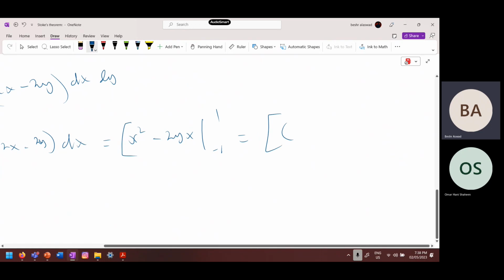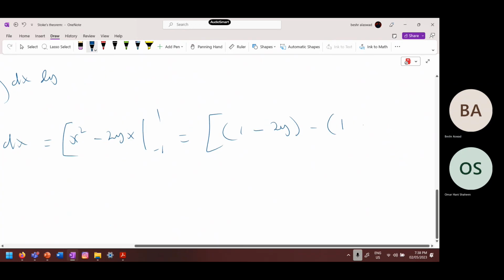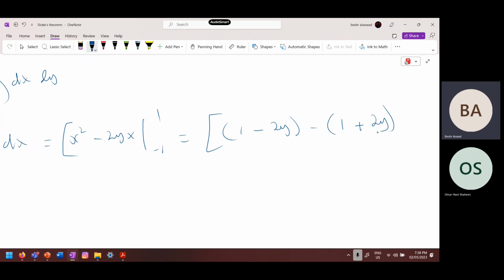So this will be 1 squared minus 2y, minus the lower limit.